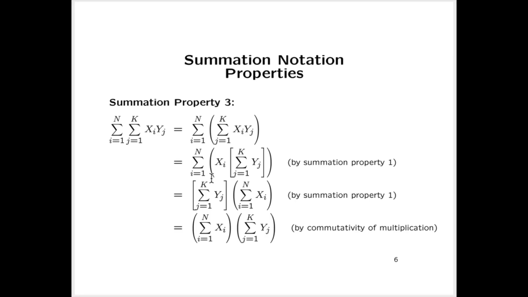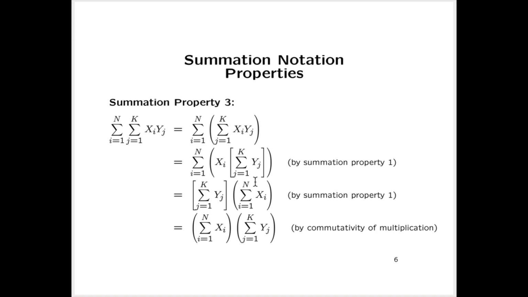Now we're focusing on the outer summation, and its index of summation is i. From the standpoint of this outer summation, the terms being summed up are the products, x sub i times this particular sum.